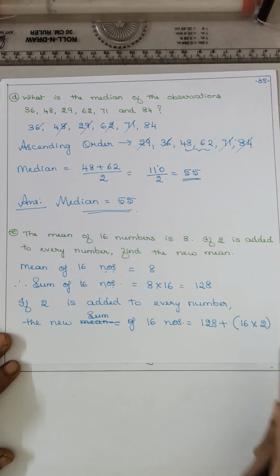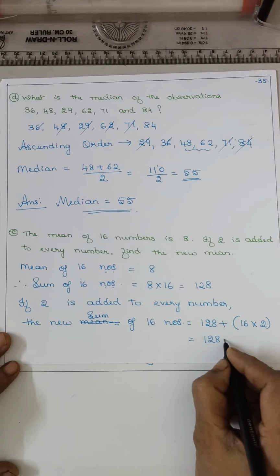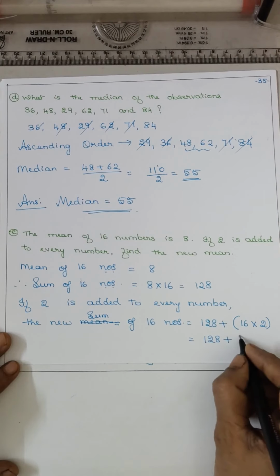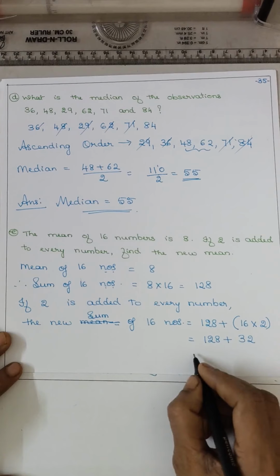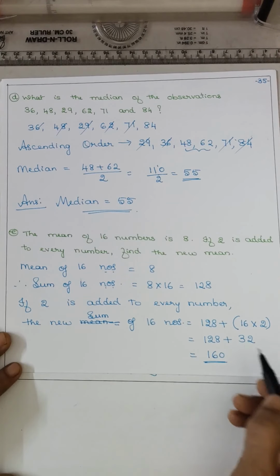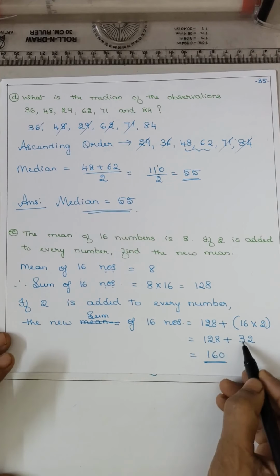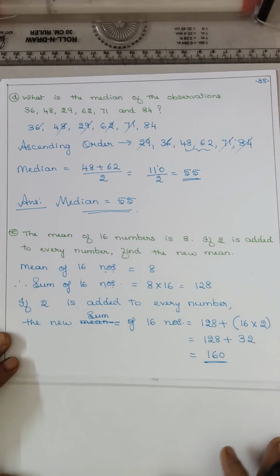Total 16 numbers are there. For each number you add 2, means you multiply by 2. So it will be 128 plus 16 2s are 32. So you get the answer 160. 8 plus 2 10, 1 plus 2 3, 3 plus 3 6 and 1.